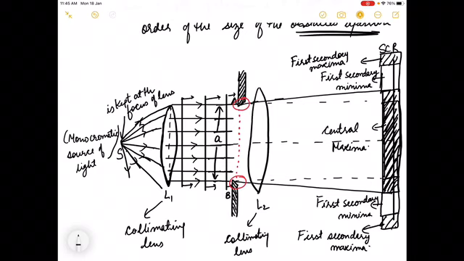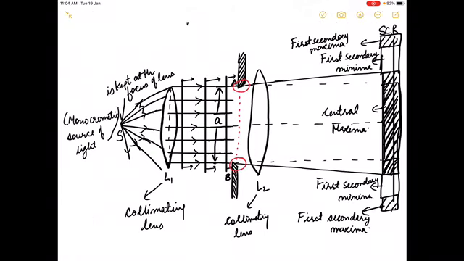I hope this is understandable. We will try to explain the central maxima, the first minima, and the first secondary maxima.